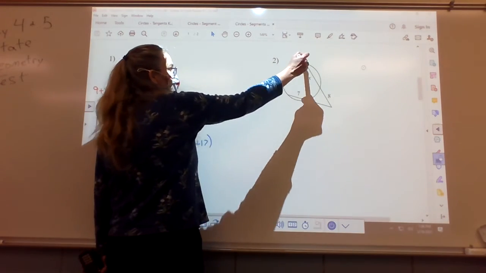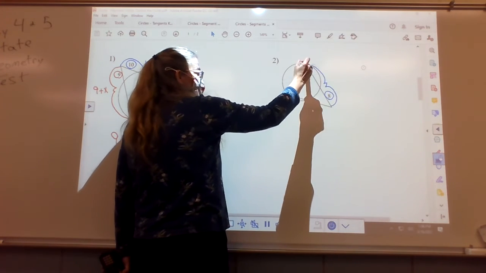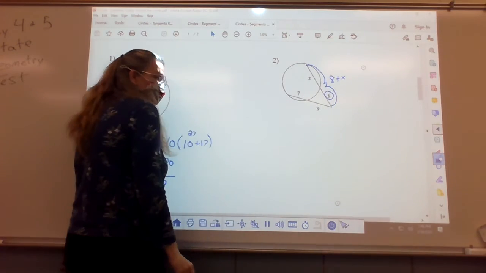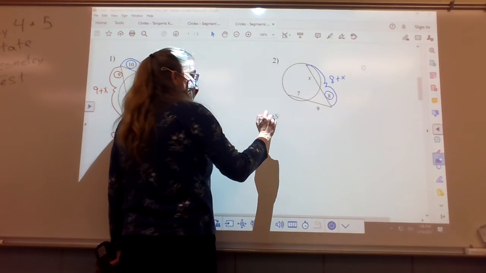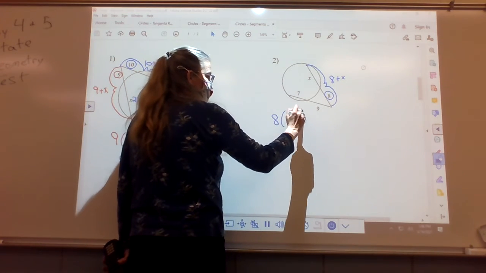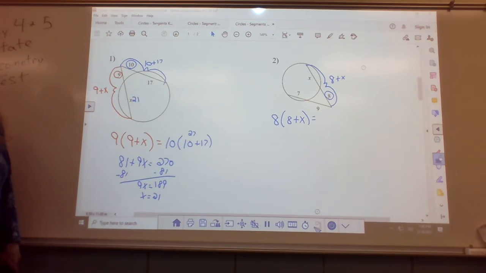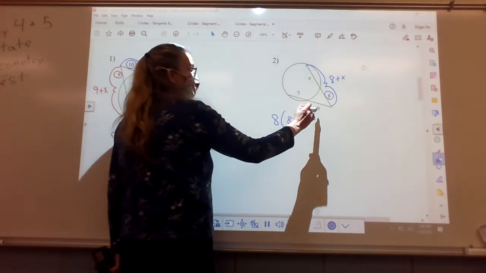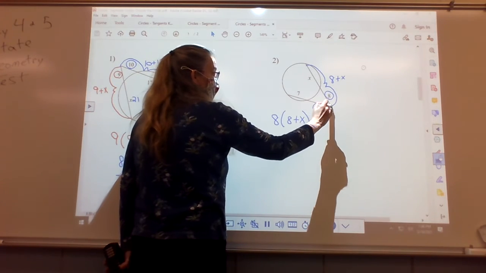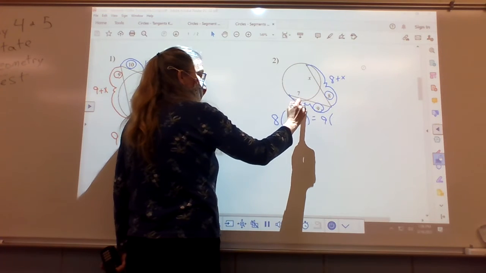So this side here, outside, and then you're going to get the total, which is 8 plus x, or x plus 8. Doesn't matter which direction you go. So 8's on the outside, 8 plus x in the parentheses. Do the same thing on the other segment. 9 is outside. Then combine these two things, 9 plus 7.